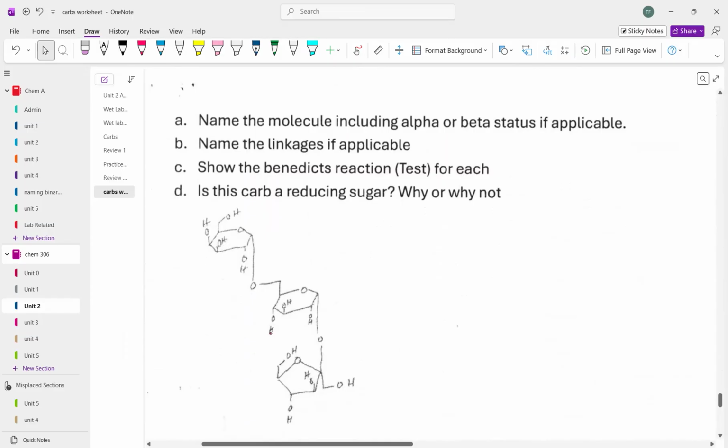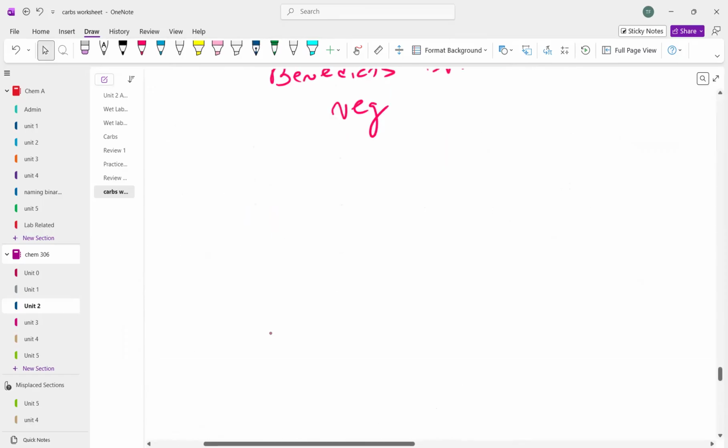What do we got here? Okay, we've got fructose down here. Oh, this is sucrose, by the way.